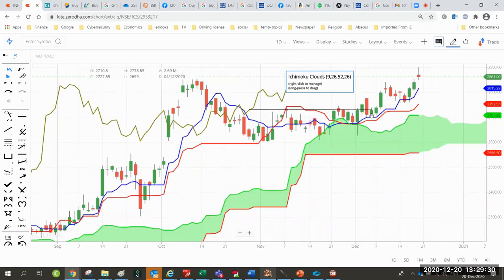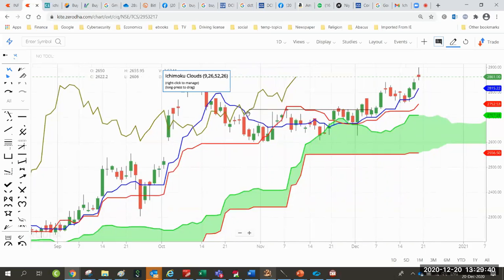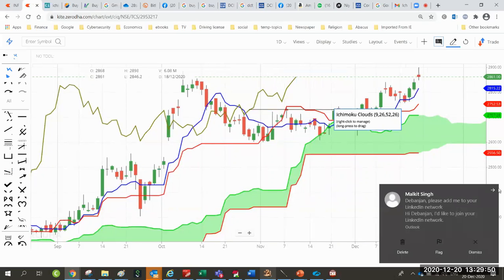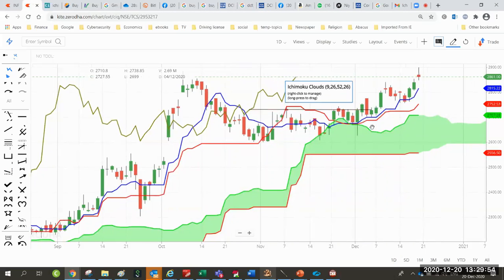So actually 4th of January is the ideal date to buy the stock, because the Chiku span is going above the price line. So 4th of January you buy, and then you can see the rise of the stock. And 4th of January is very safe to buy, because the price was above this one.